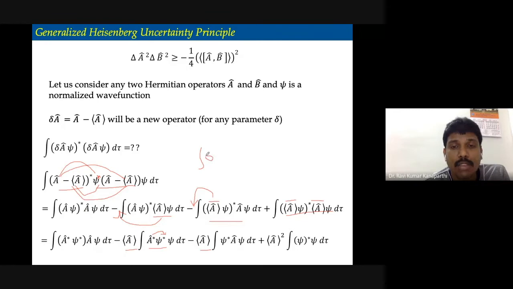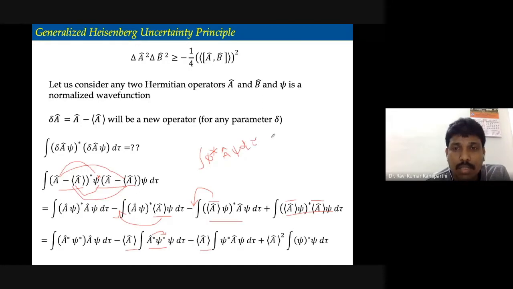So if you have two functions, phi and psi, the integral of phi star operator A multiplied by psi d tau may be written as follows.